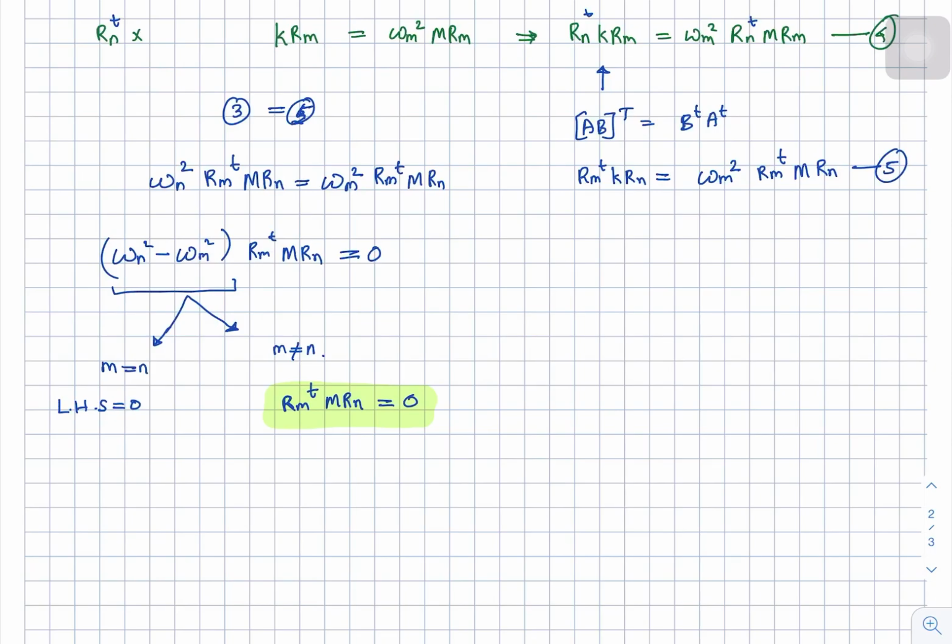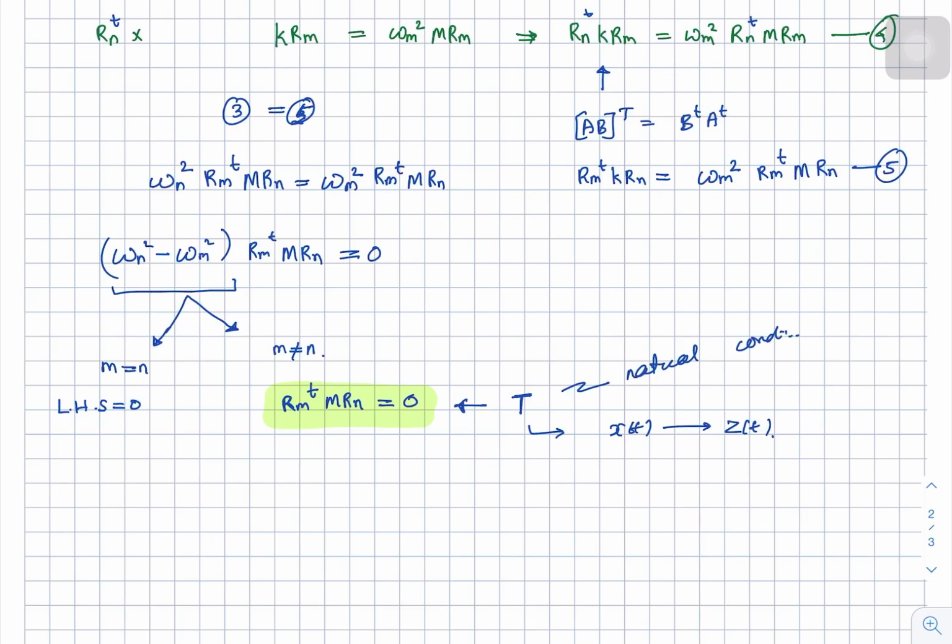So when m not equal to n, we will get this condition. This is the condition we put on t such that t will transform its normal coordinates into natural coordinates. Therefore we can conclude t will be the natural coordinates.